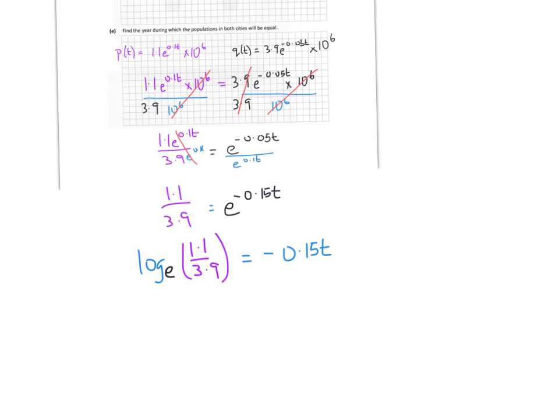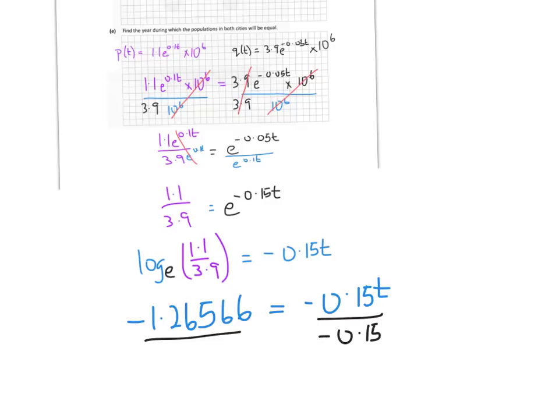that gives me an answer of minus 1.265666, and so on, is equal to minus 0.15 t. And so dividing here by minus 0.15, I also divide here by minus 0.15. These have cancelled, which just gives me t on the right hand side.